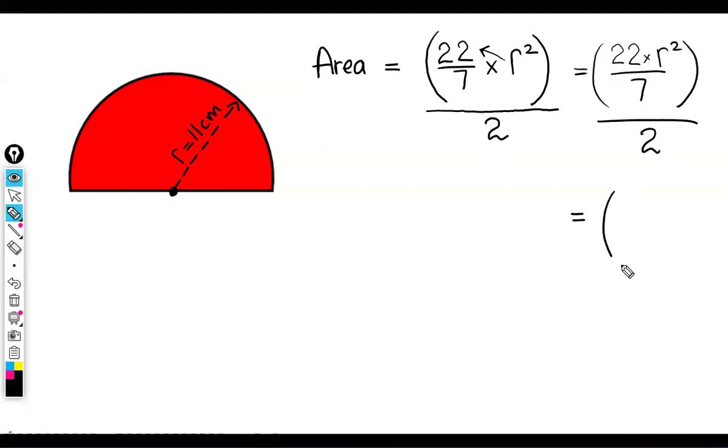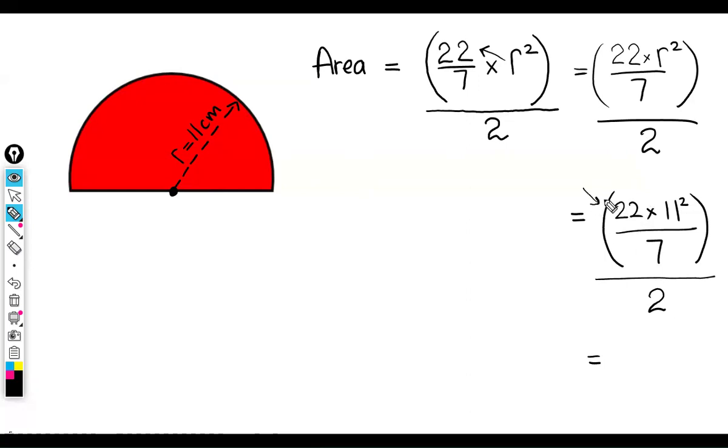Shouldn't be too hard. 22 multiplied by 11 squared, because your radius is 11. We said we would divide it by 7. And afterwards, we would divide the whole thing by 2.